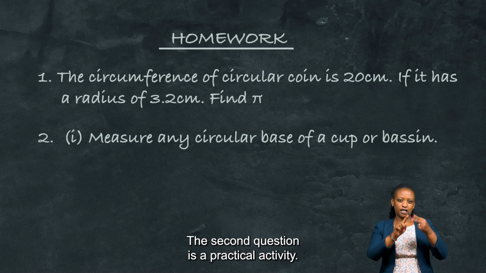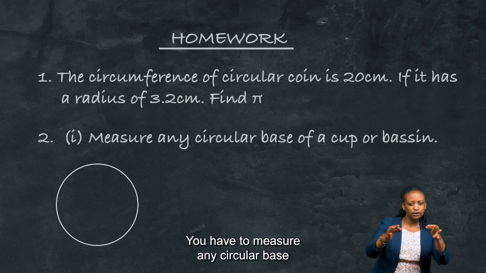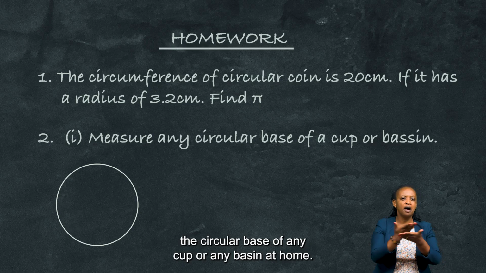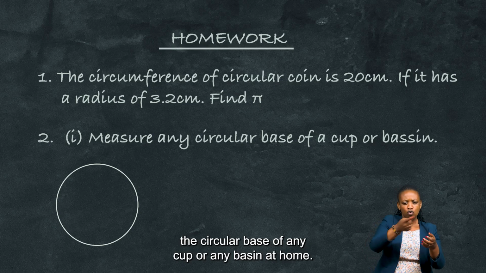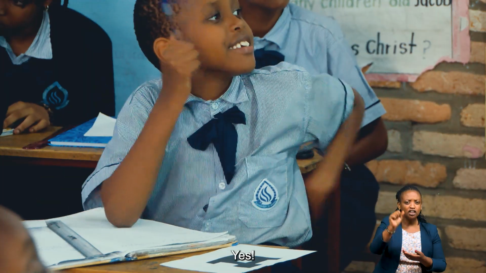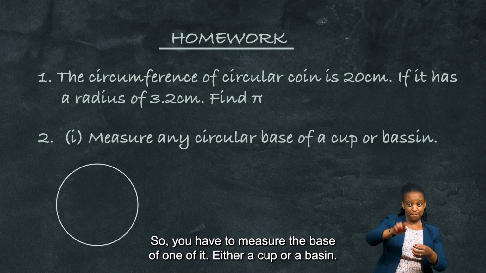The second question is a practical activity. You have to measure the circular base of any cup or any basin at home. Do you have cups at home? Yes. And basins? Yes. So you measure the base of one of them, either a cup or a basin.